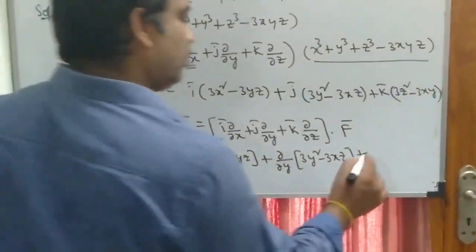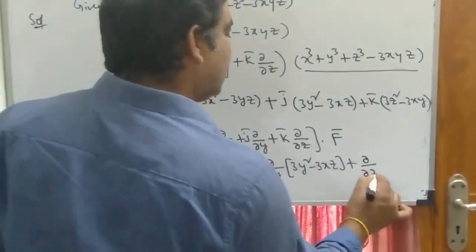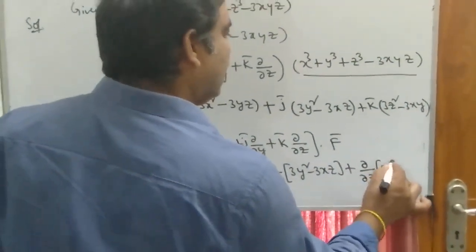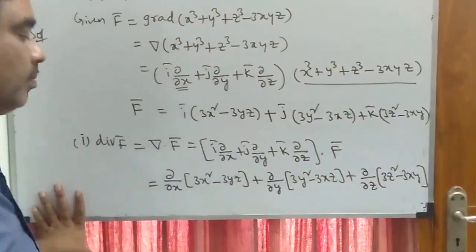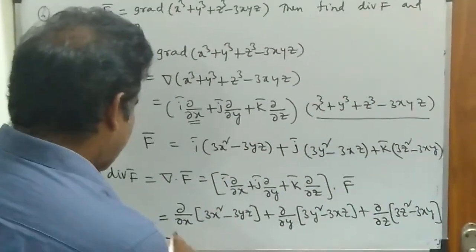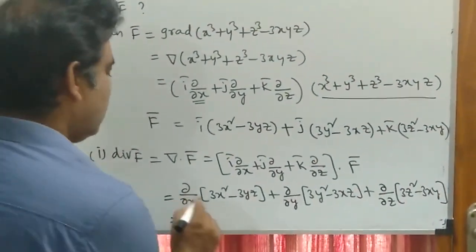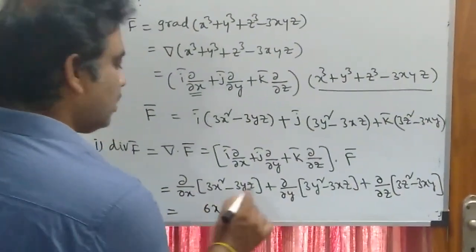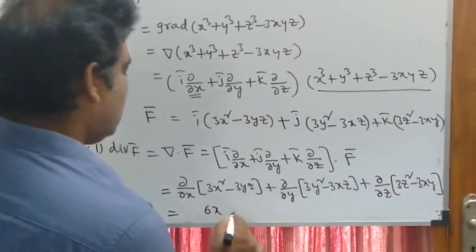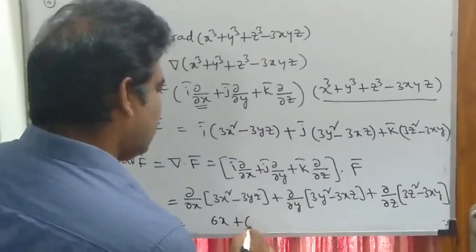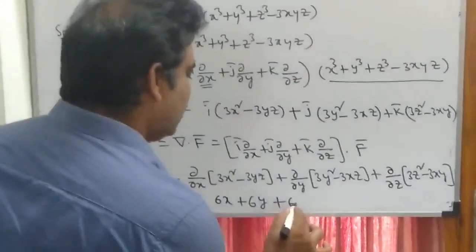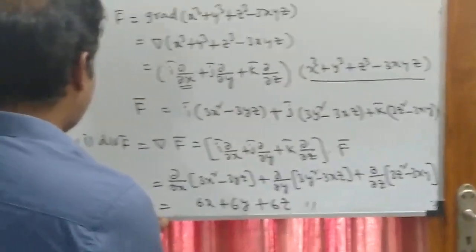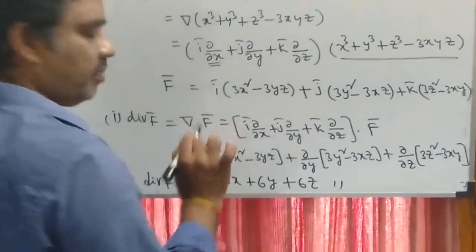The last term is dou by dou z of 3z square minus 3xy. So making the differentiation partially, this is 6x, this is 6y, the second term 0, and the last term the value is 6z. This is the divergence of f bar.